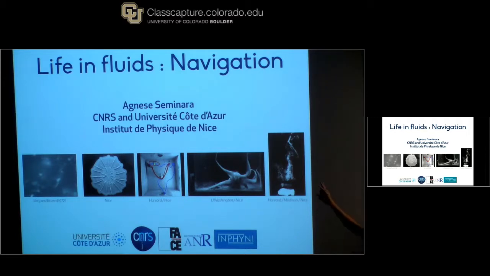Nobody knows about it, but it's pretty cool. It's about fungal spores that are dispersed in the atmosphere, and guess what? They move, so there's some kind of navigation problem, and there are fluids because they're particles and they move in the air. So it falls in the same category, which is pretty broad, lucky for me, which is living in fluids and navigation.